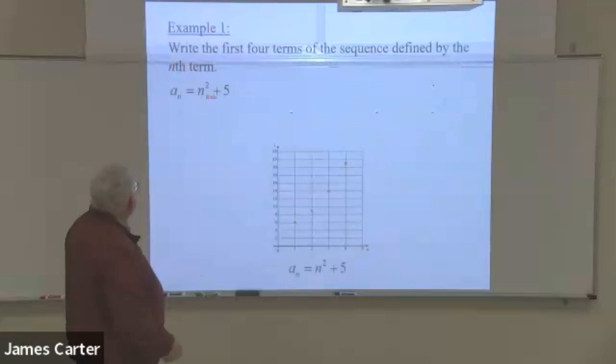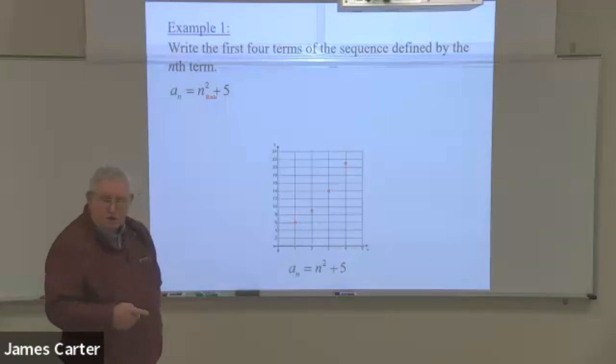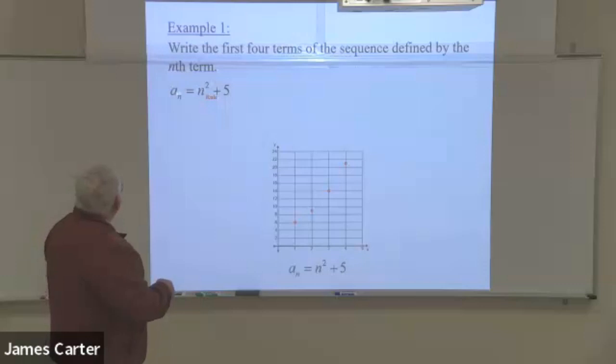Now, if we've got this, the nth term is the last term in your group. Okay? That's the total number of terms, or that's the last term. Now, in this case, we're saying the value of this is equal to n squared plus 5.